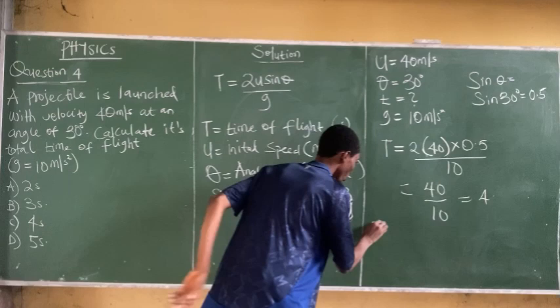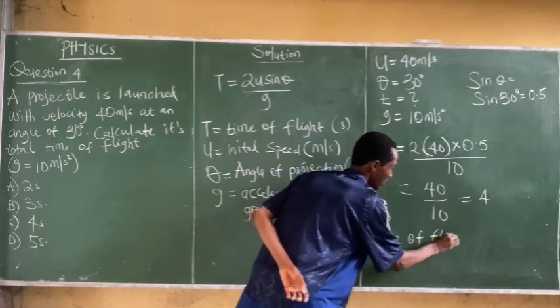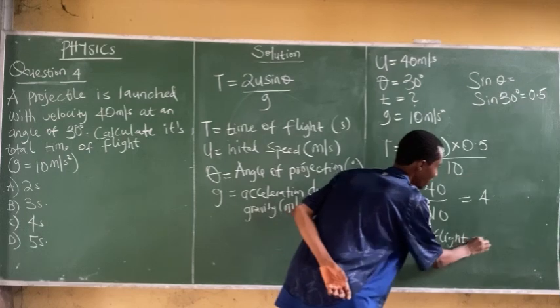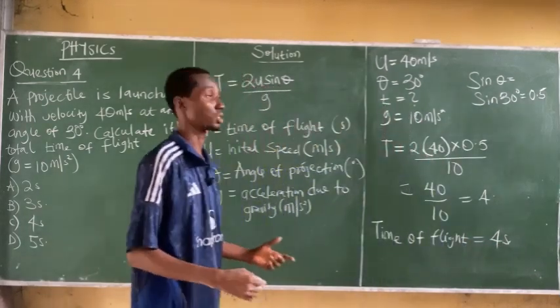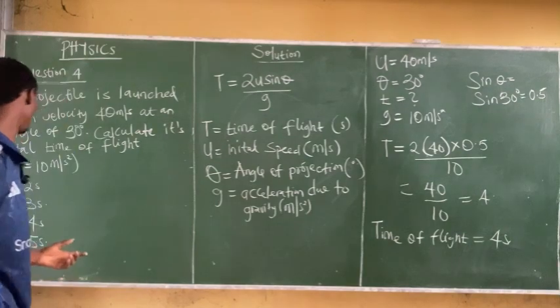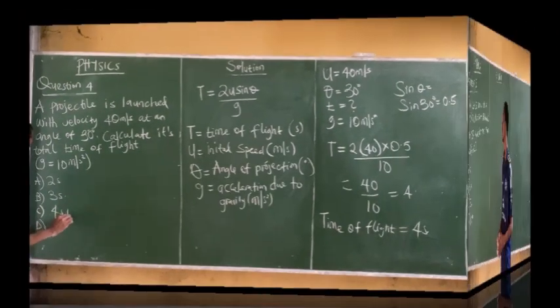Therefore, the time of flight is equal to 4 seconds. Don't forget, time is measured in seconds. Therefore, our correct answer here is option C, 4 seconds.